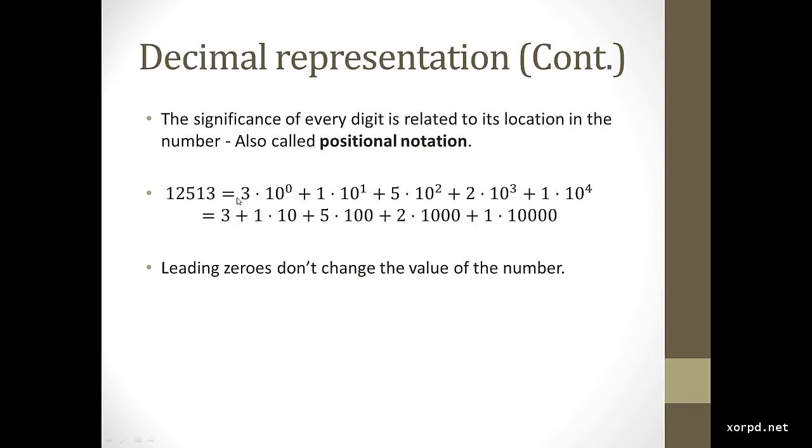And this is the real value of this number. This is just a representation, and this is the value. This is the meaning of this number. Some small comment about it. We can see that leading zeros don't change the value of the number. You probably already know this, but I just wanted to mention it.